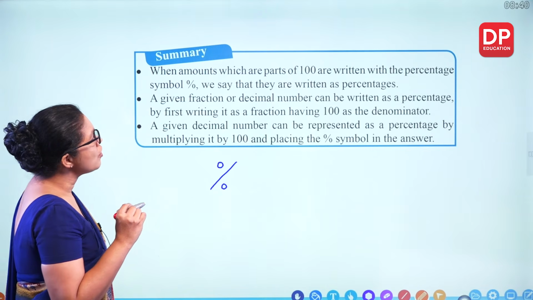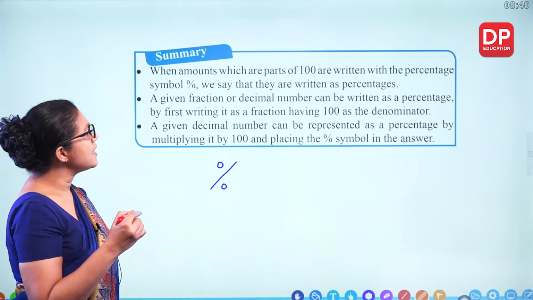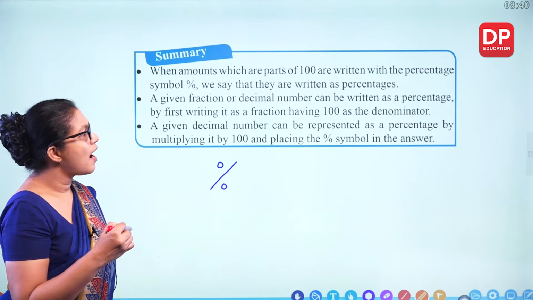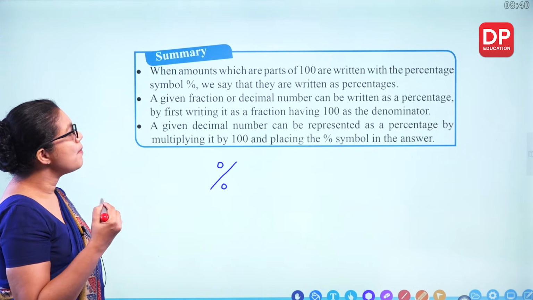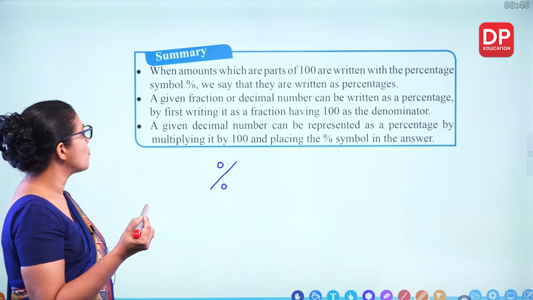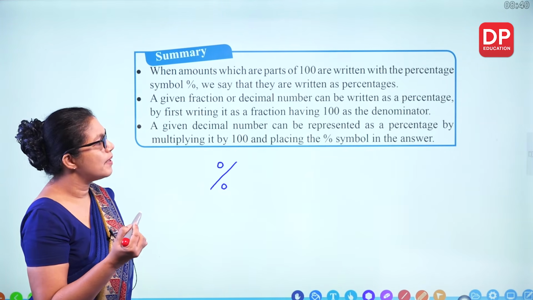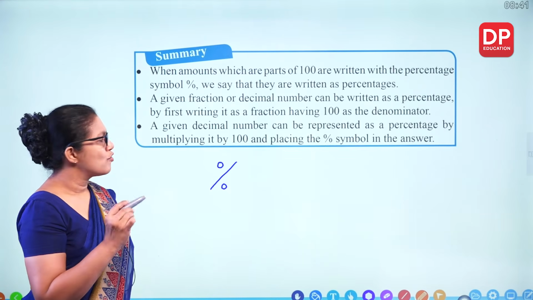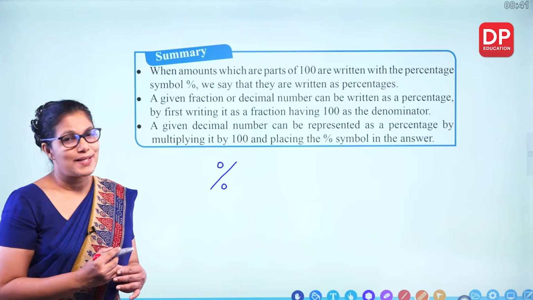A given fraction or decimal number can be written as a percentage by first writing it as a fraction having 100 as the denominator. A given decimal number can be represented as a percentage by multiplying it by 100 and placing the percentage symbol in the answer. So practice all the exercises and examples and become thorough with percentages.